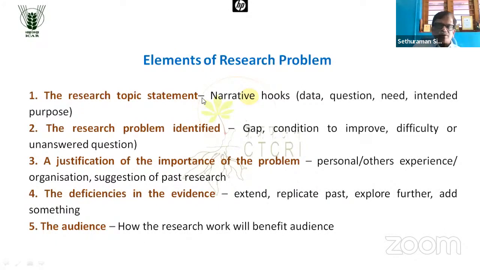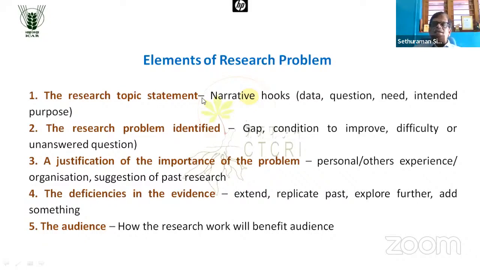That means you are trying to improve the condition of the people by making an intervention in the field, systematically collecting data, analyzing it, and identifying the prior condition and the current condition, to see whether the condition is improved or not.